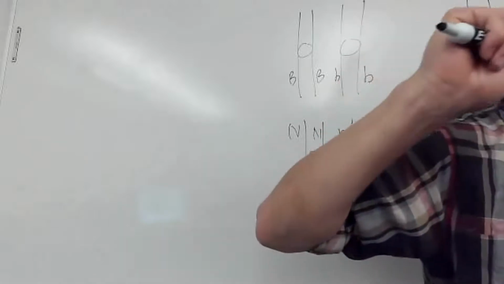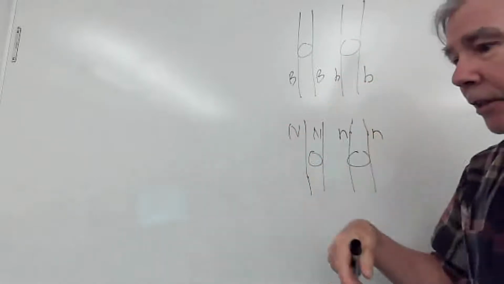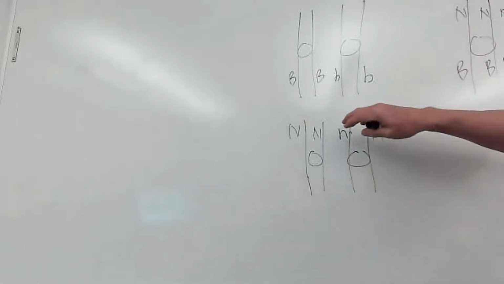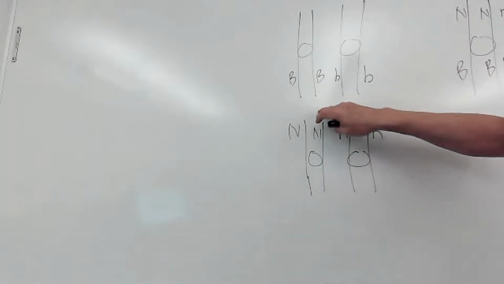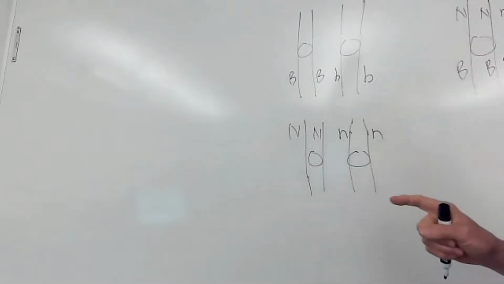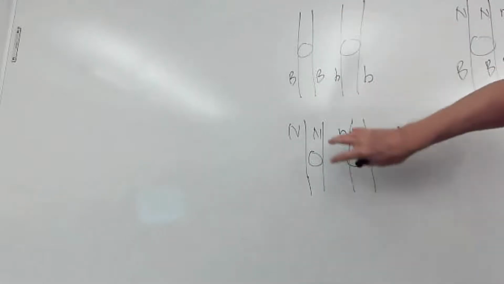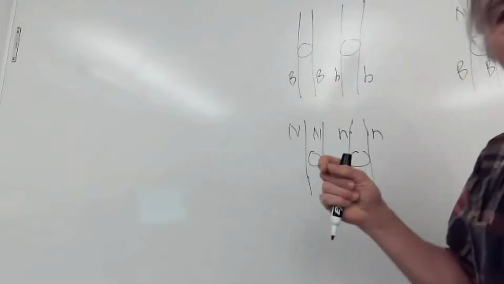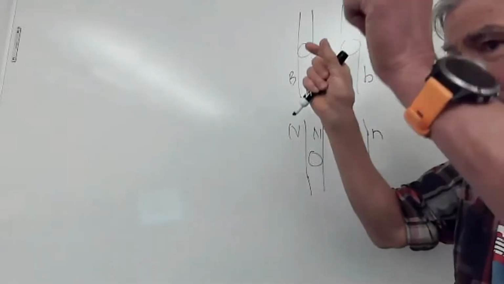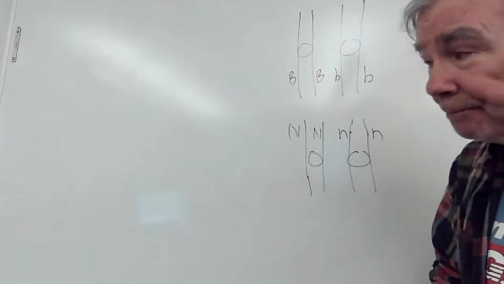And the 2 loci, I'm using the dog example here. So let's say the B locus and the N locus are on different chromosomes. And you should recognize this as metaphase 1 of meiosis, where the homologous chromosomes line up, okay?